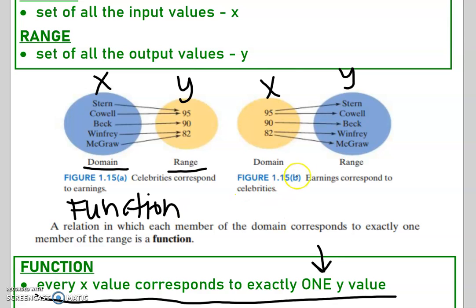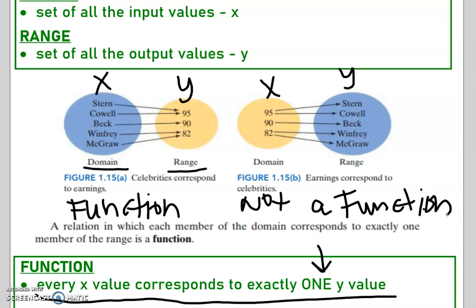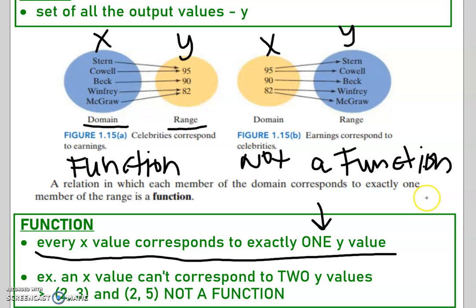Take a look at this one over here. 95 goes to Stern. 95 also goes to Cowell, right? There's something wrong right away. This x value goes to two y values, so it's not a function. Okay, and that's the way that we are going to be identifying functions always. Every x value needs to correspond to exactly one y value.